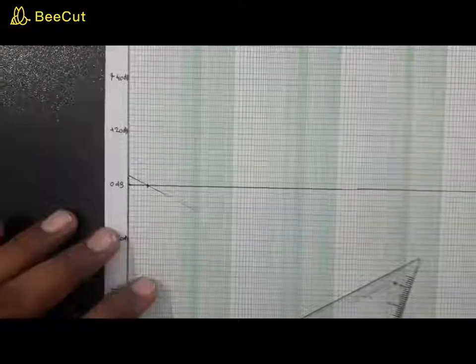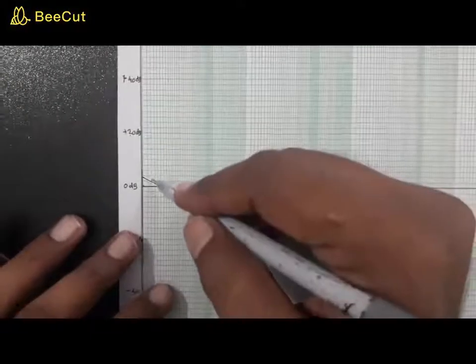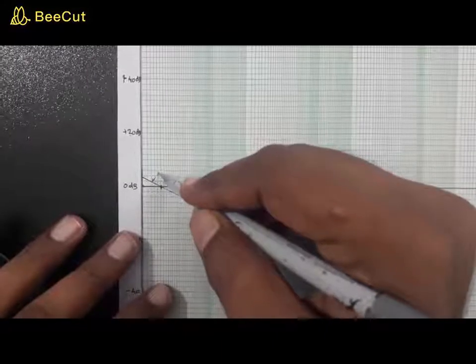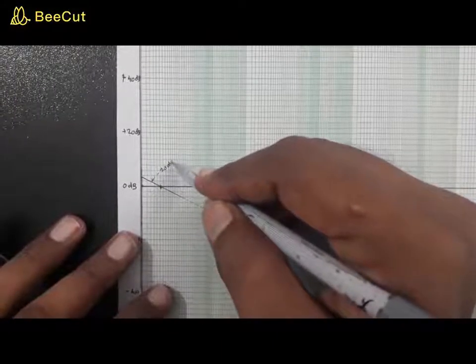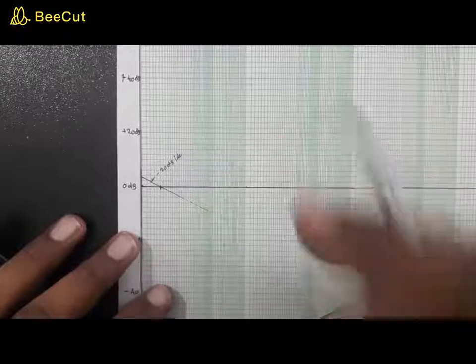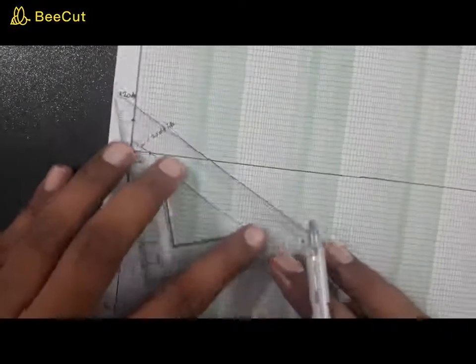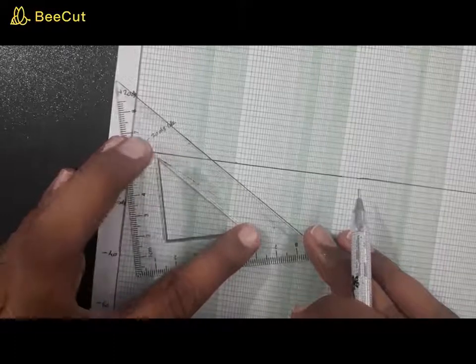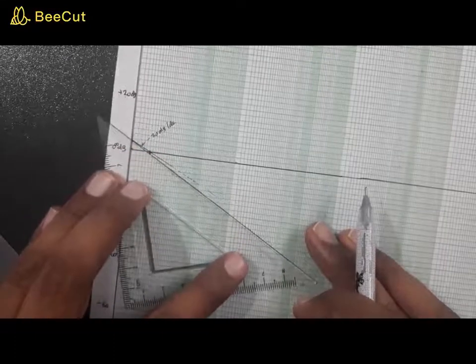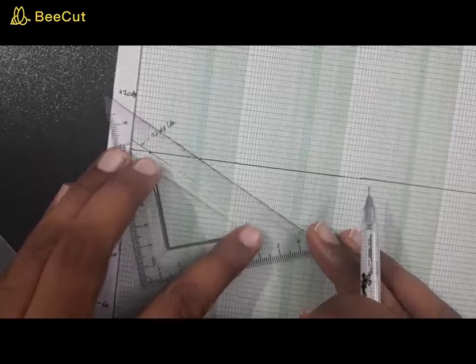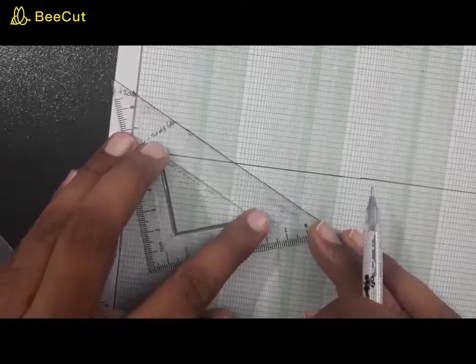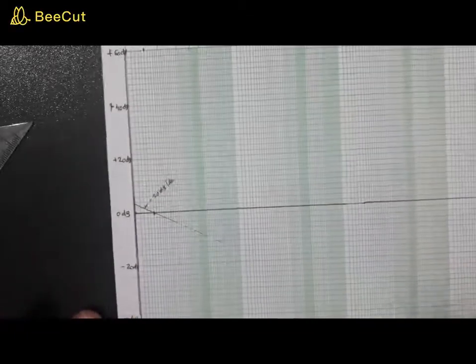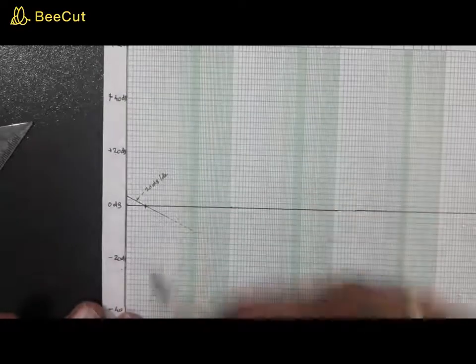So look at this. This has a slope of minus 20 dB per decade. What I have done is I have just used this line and drawn this line parallel to this. When you bring this, you can see that this is a parallel line.